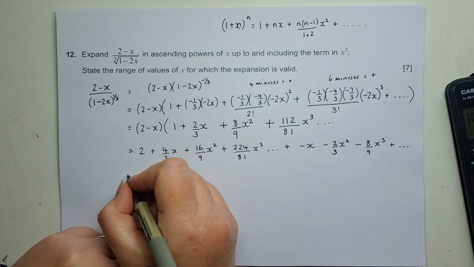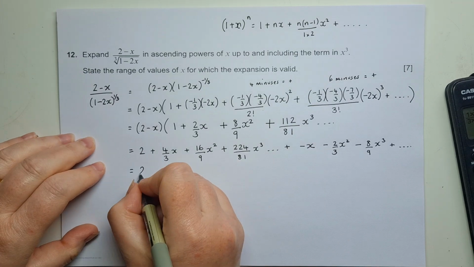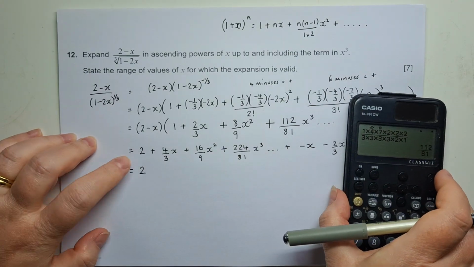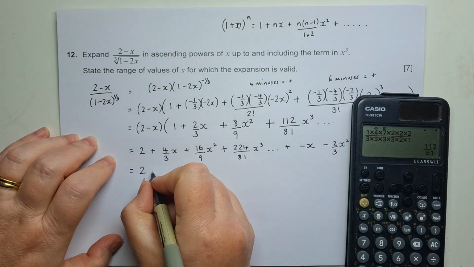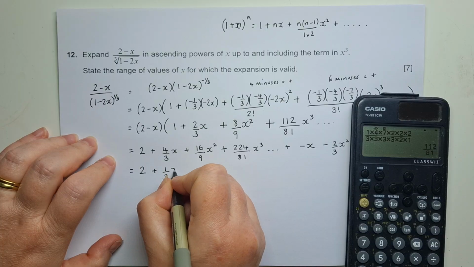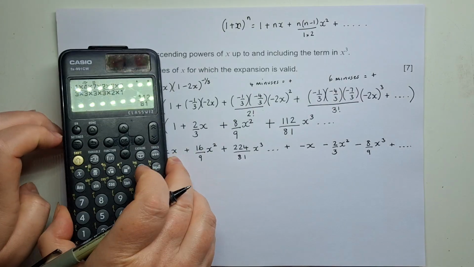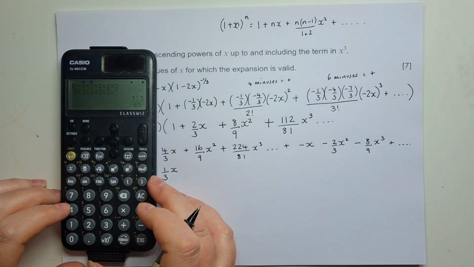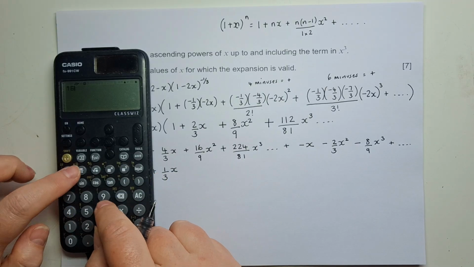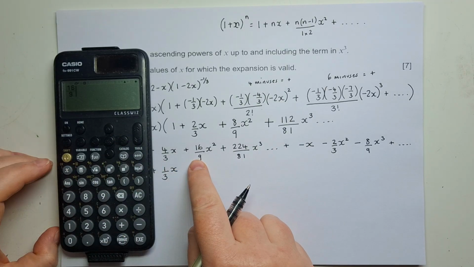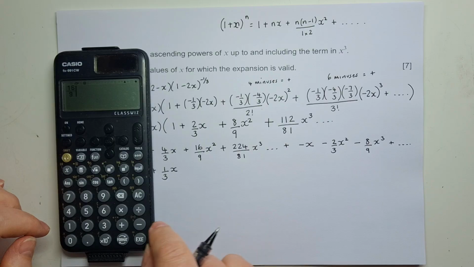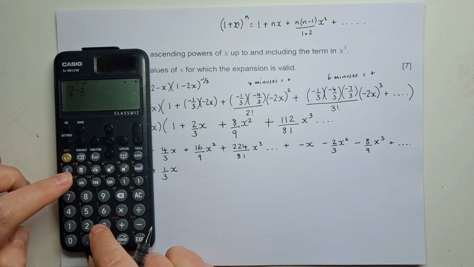Okay. And then I'm just going to gather my terms. So I've got a 2 for my number term. I've got 4/3 take away 1, which is 1/3. Okay, can't do the rest in my head, probably. 16/9. Where's my x squared term? There it is. Minus 2/3. Okay, well that would have been minus 6/9.